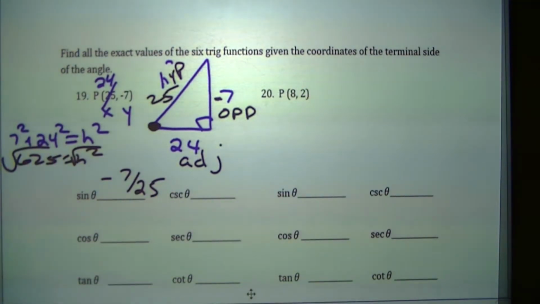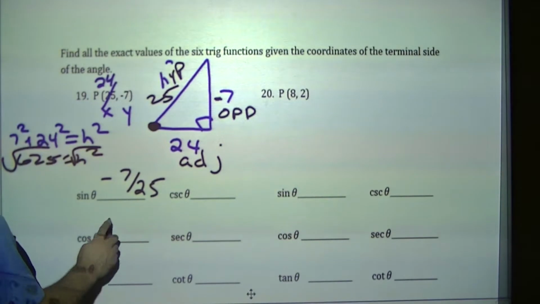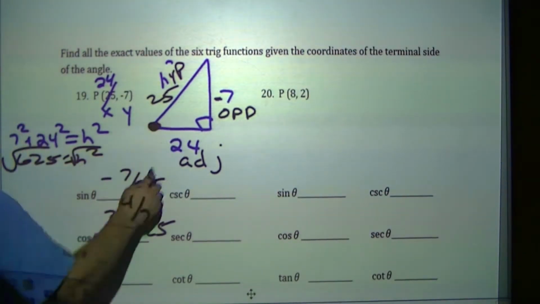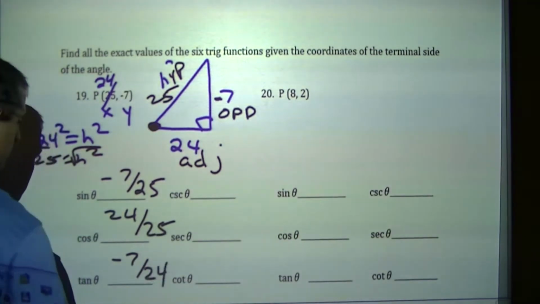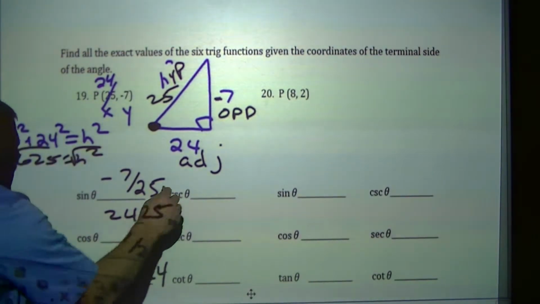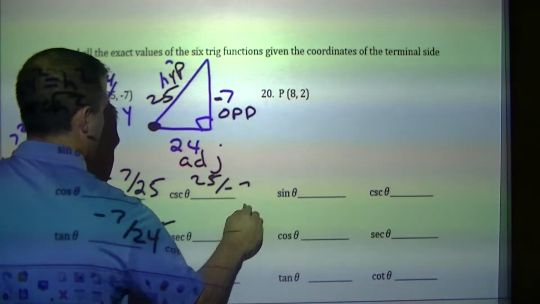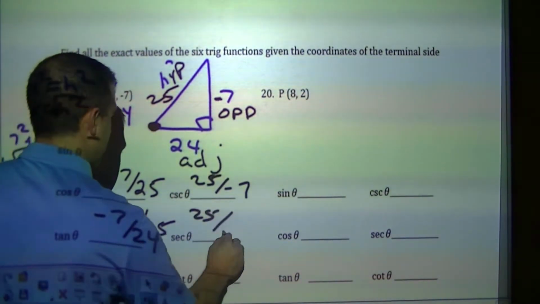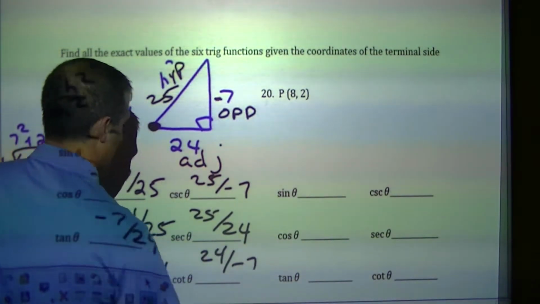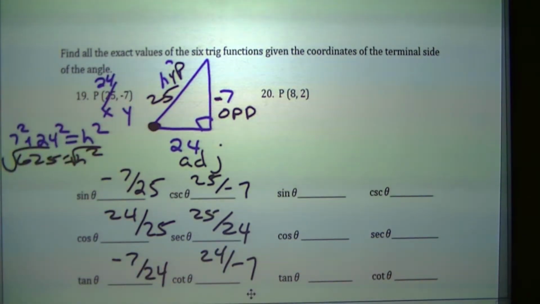Cosine, adjacent, is 24 over 25. And tangent is negative 7 over 24. To get the coinciding ones, all you're doing is flipping them over if they're just fractions. It's pretty easy if that's the case. Easy stuff there.